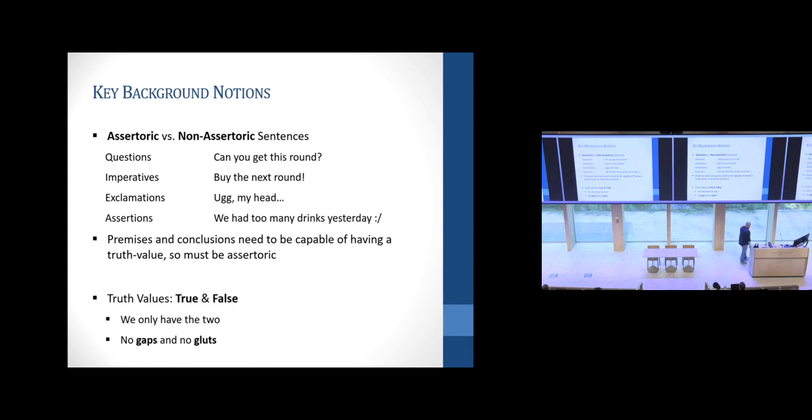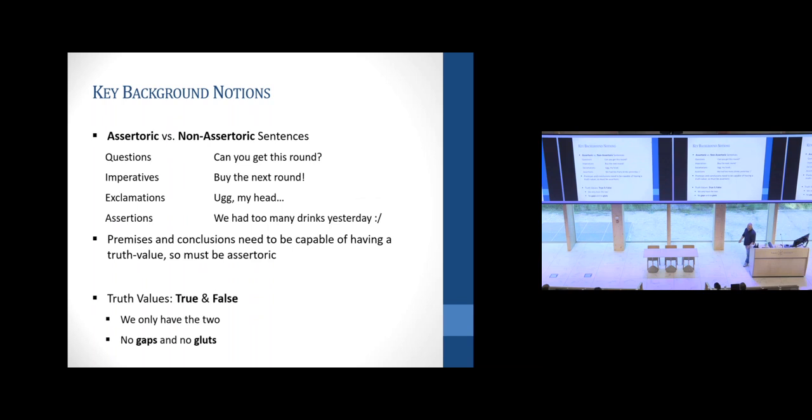So, when we think about the types of sentences, there are lots and lots of different types of sentences. In particular, we can mark a distinction between what we'll call assertoric and non-assertoric sentences.